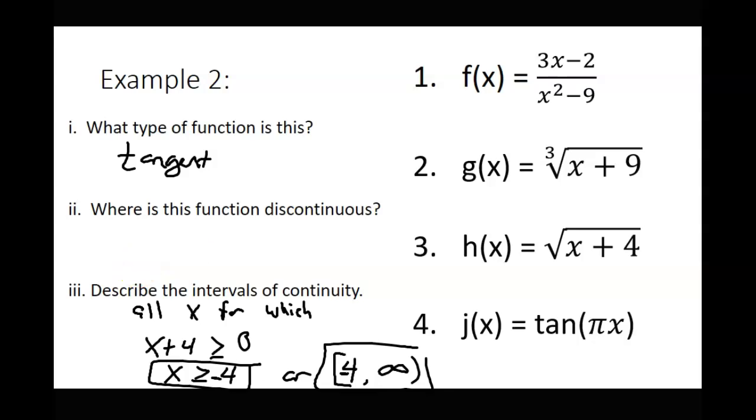According to your little sheet there, where are tangent functions discontinuous at? Kind of. What does it say in your paper?